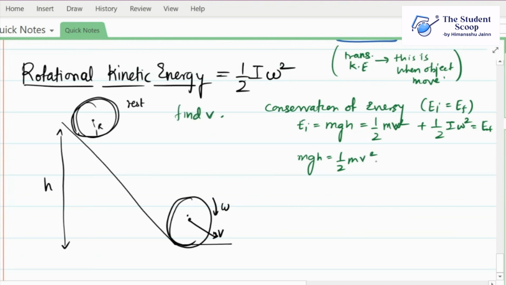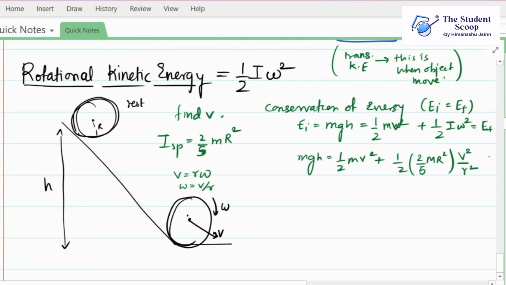So the I of the sphere is given as 2 by 5 mr square. And for the omega, now remember this, v is equal to r omega, I wrote initially. So omega has to be v by r. So omega square can be replaced by v square by r square. Now you can see that the r square gets cancelled out, the 2 and 2 will get cancelled out.